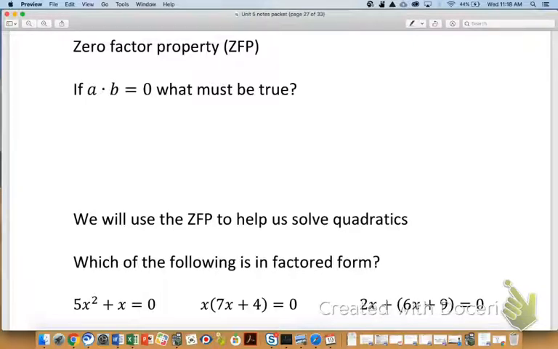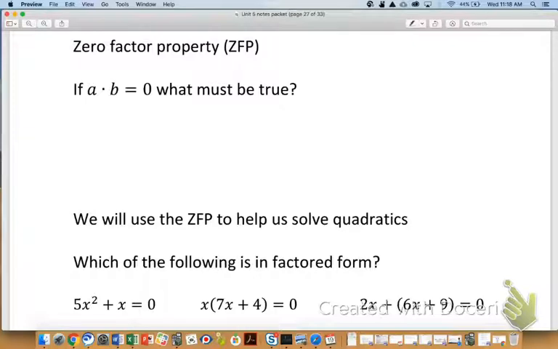Zero factor property. So here is my proposition to you. If A times B equals 0, and I'm not saying A times B equals some number, I'm saying specifically 0, then what has to be true? Mason: Either A or B is 0. Either A or B is 0, or how about both?